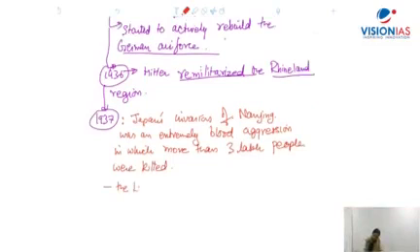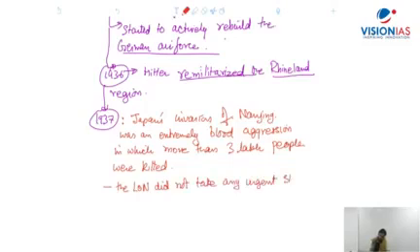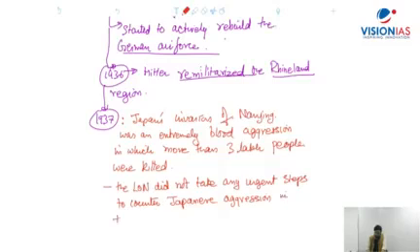The League of Nations did not take any urgent steps to counter Japanese aggression in the region.